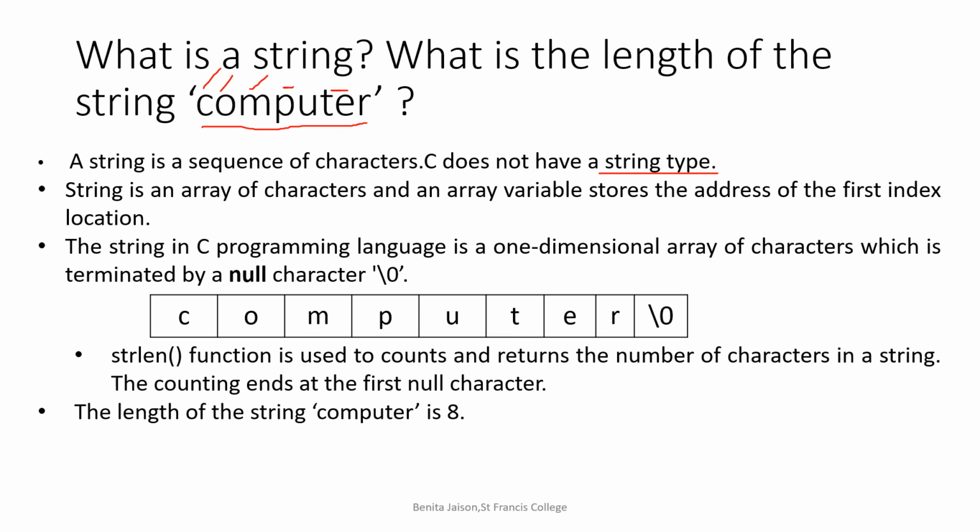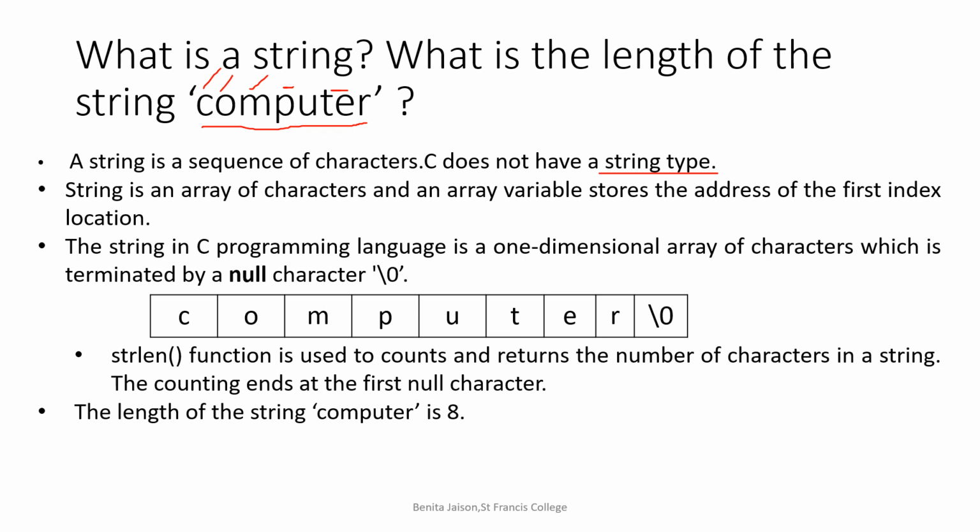The string in C programming is a one-dimensional array of characters which is terminated by a null character. If you are entering character by character, as character constants, then you have to terminate the array of characters using a null character to indicate the end of the string. But if you are initializing the character array as a string, then automatically a null character will be appended at the end.